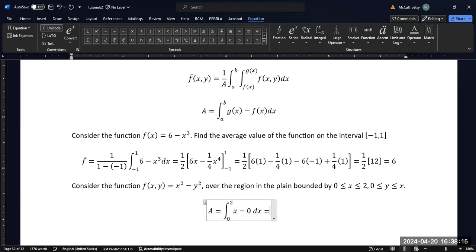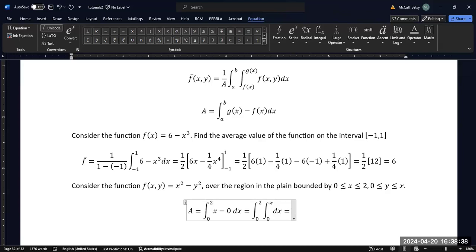Alternatively, we could also set this up as a double integral, 0 to 2, and then 0 to x of dx. Since we're just finding the area, we're not integrating any function at all. But these are completely equivalent to each other.